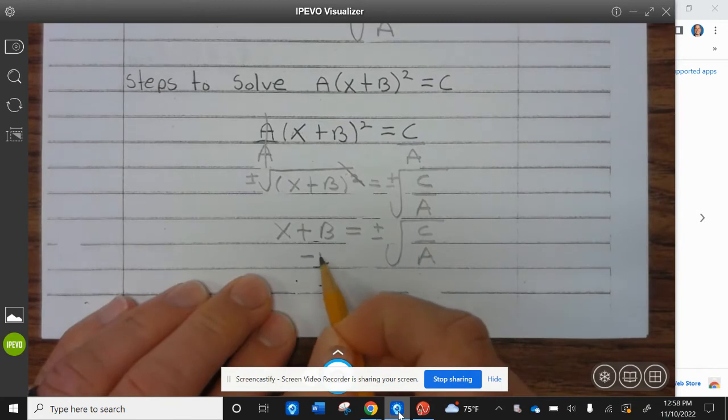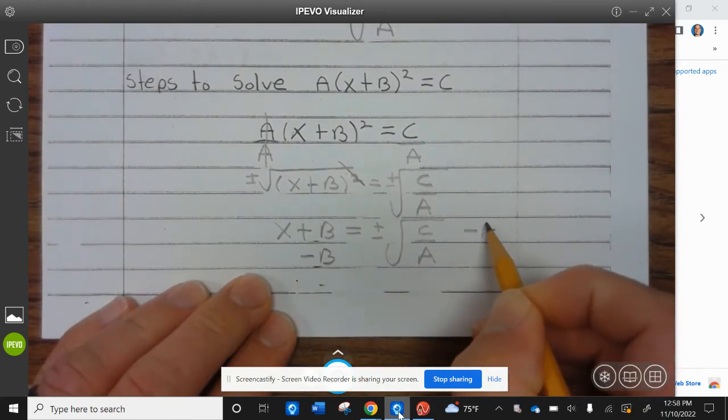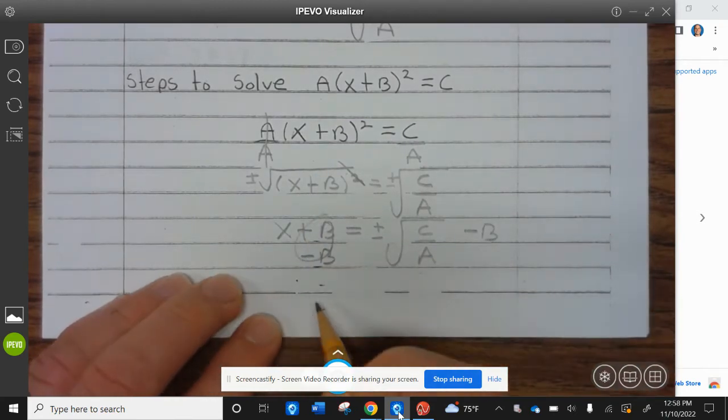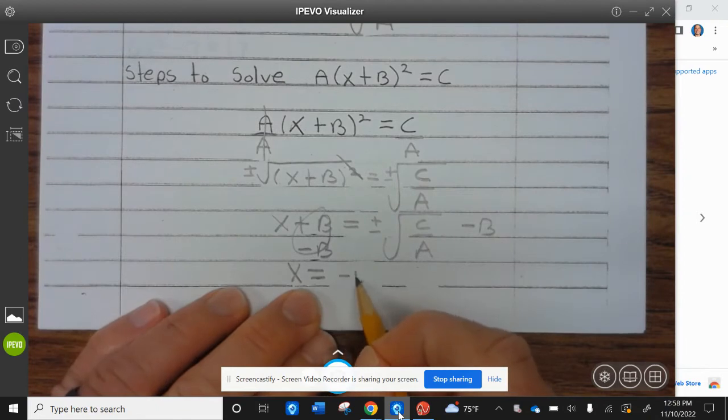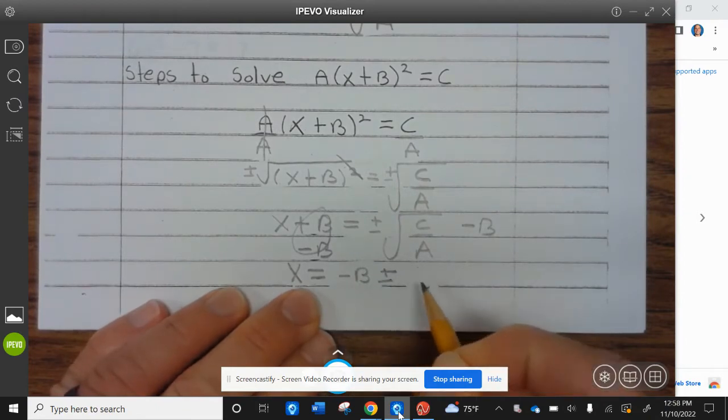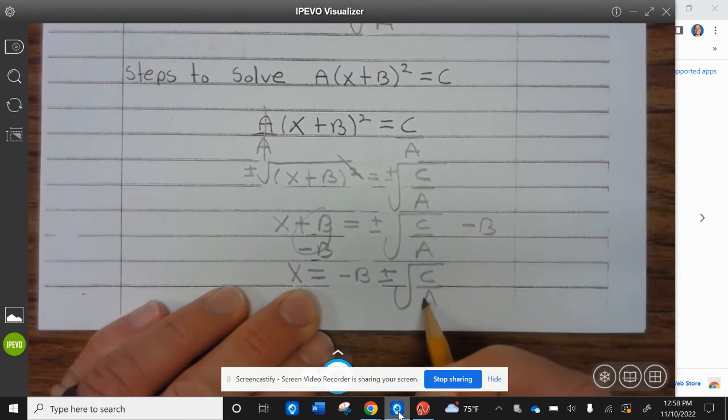We're going to subtract b from both sides. That becomes 0. You get x equals, now I'm going to go ahead and put the negative b in the front. So that's negative b plus or minus the square root of c divided by a.